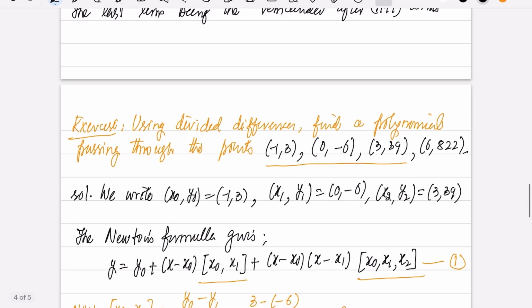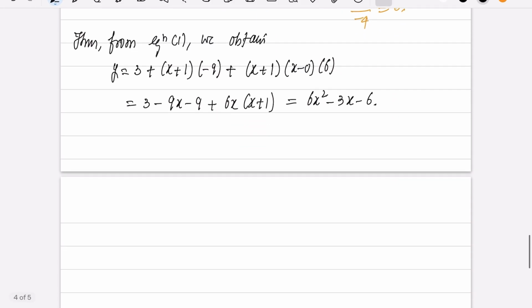But as discussed earlier, we will now incorporate the last, fourth point into the polynomial that we have obtained in equation number 3. So let's call this equation number 3.